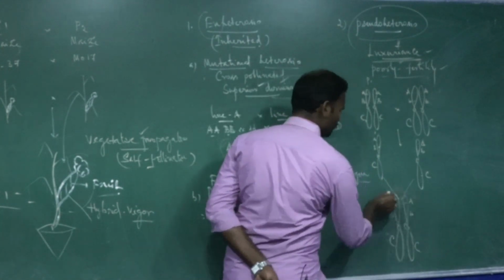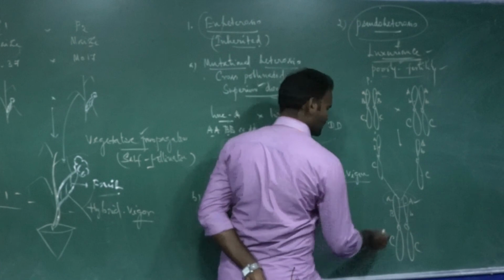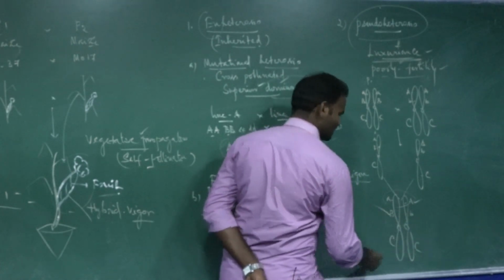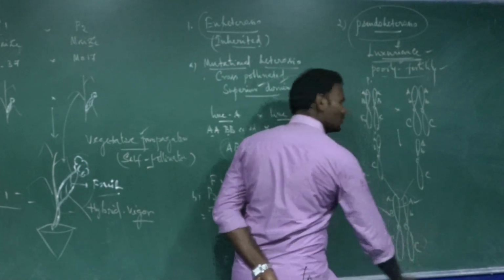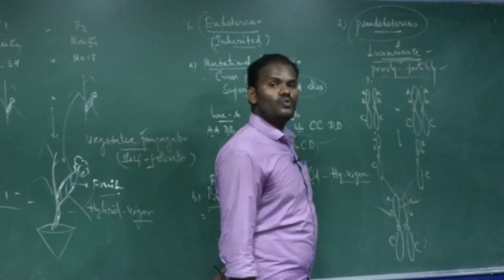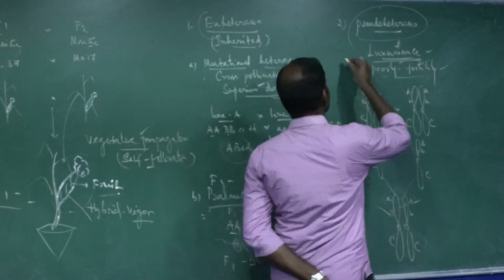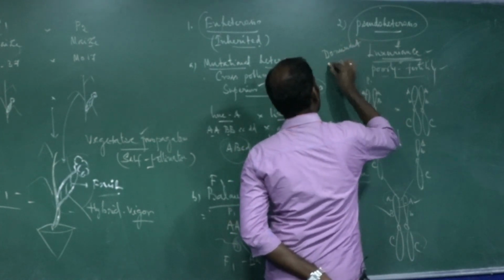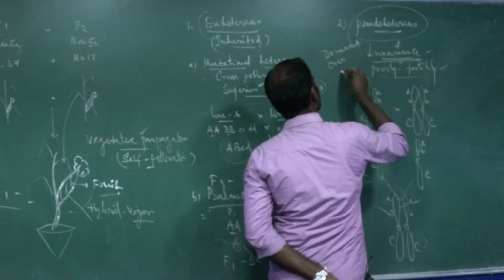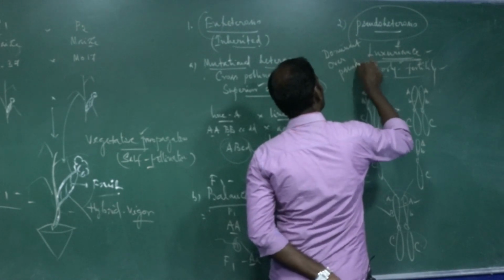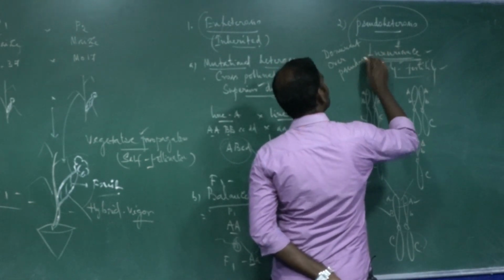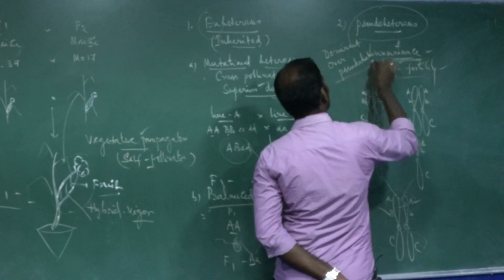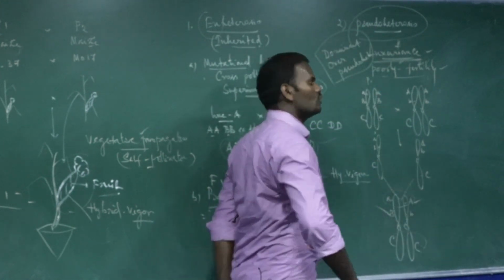Here one pair has dominant alleles present. Here another pair has dominant alleles present. Here both are dominant. So this is called dominance over pseudoheterosis.